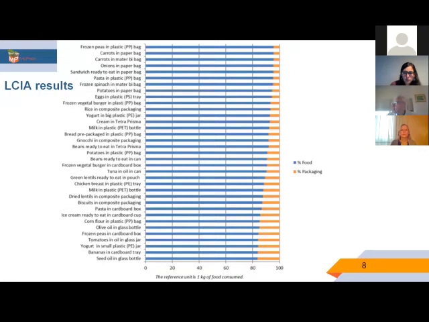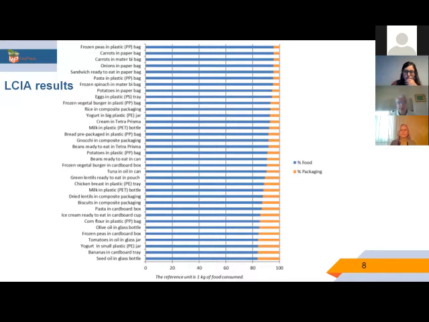The life cycle impact assessment has been performed by two methods. We have used the ReCiPe method as one of the life cycle impact assessment methods, and we used also the environmental footprint method that is promoted by the Commission.